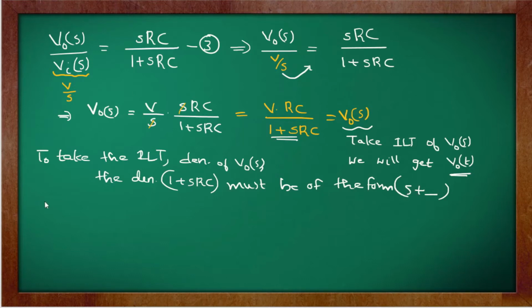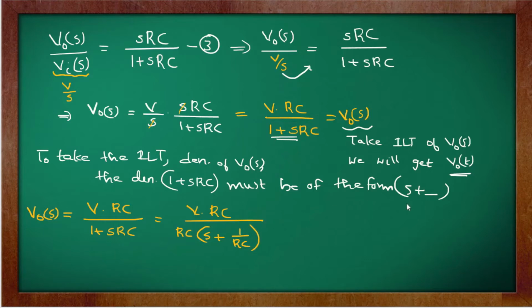It's very simple. What we have is V naught of S equal to V into RC divided by 1 plus SRC. So just take RC outside. This is equal to V into RC divided by RC into S plus 1 by RC. Correct?